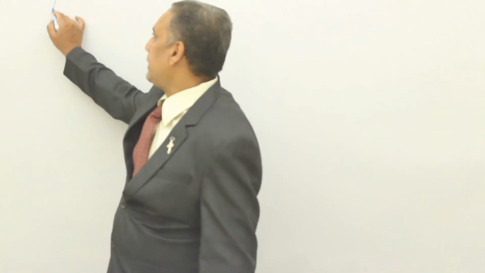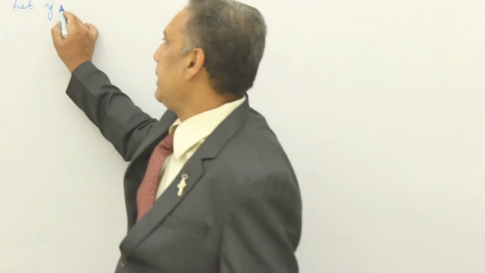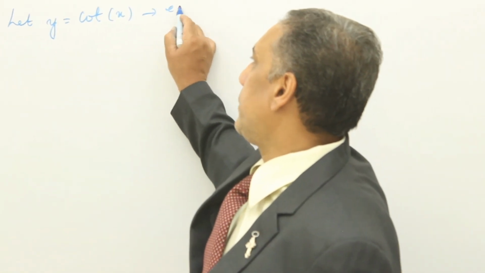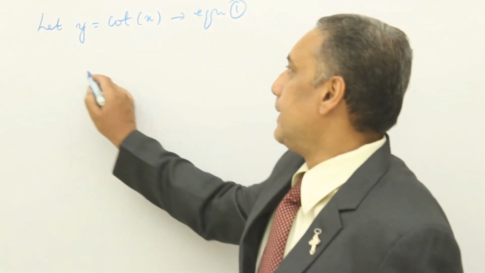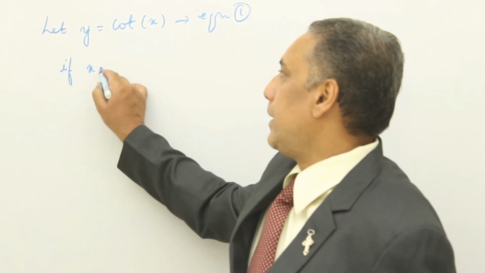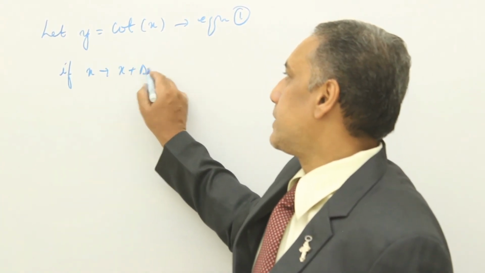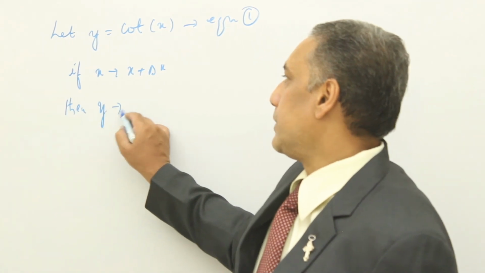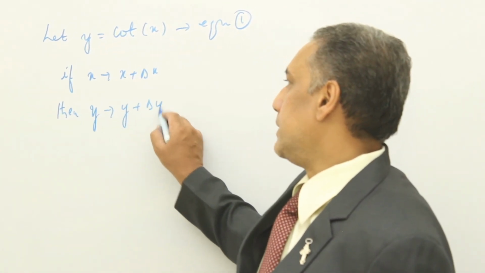Today we'll do the derivative of cot x by first principle method. So let y equal to cot x be equation 1. If x tends to x plus delta x, then y will tend to y plus delta y.